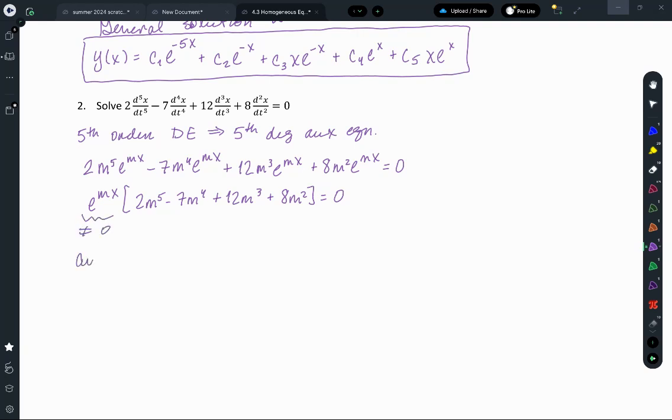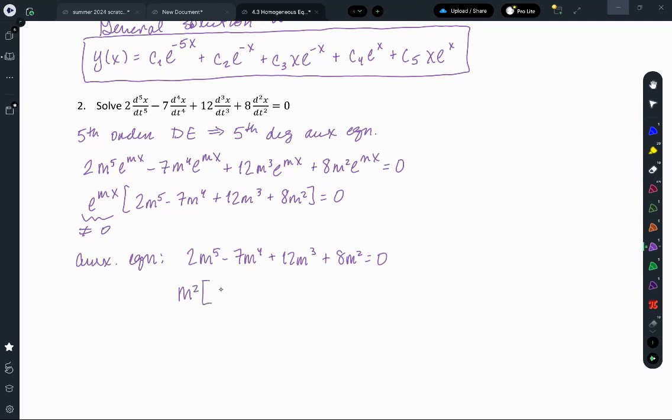So our auxiliary equation is 2m to the fifth minus 7m to the fourth plus 12m cubed plus 8m squared equals 0. Right away I can see that there is at least an m squared in common to all four terms, so I'll factor that out.